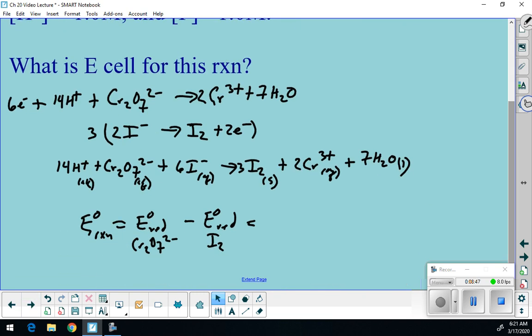My dichromate is 1.33 volts minus my iodine 0.536 volts. Everything's crazy here.